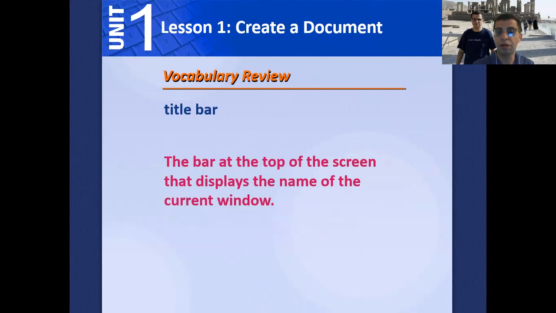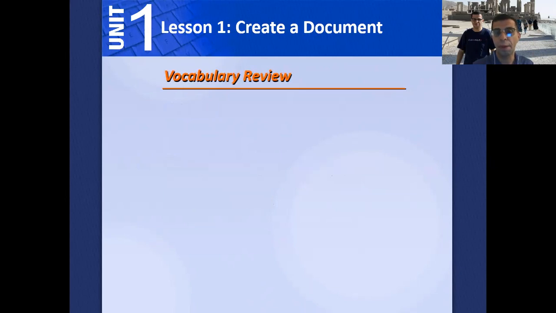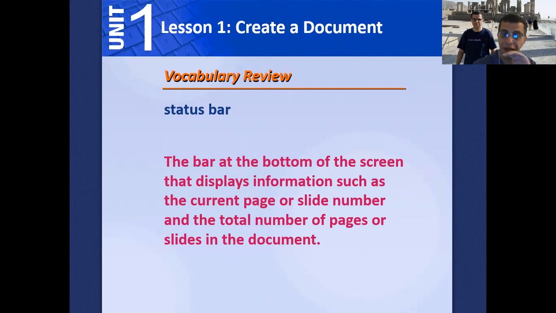A title bar is the bar on the top of the screen that displays the name of the current window. What's a status bar? A status bar is the bar at the bottom of the screen that displays information such as the current page or slide number and the total number of pages or slides in the document.